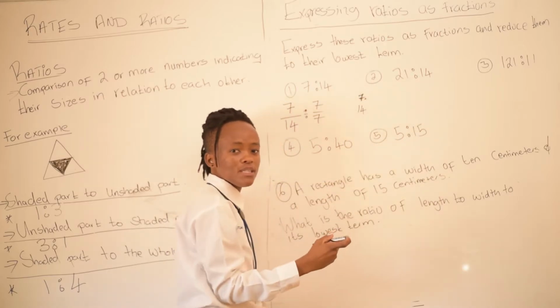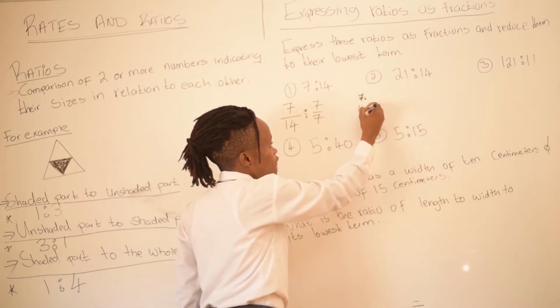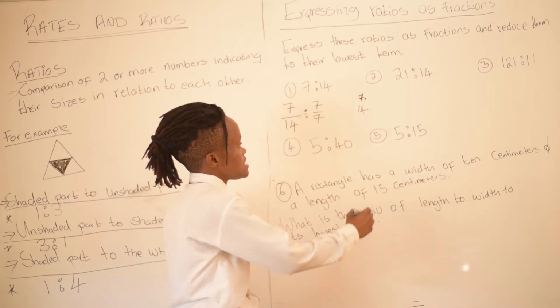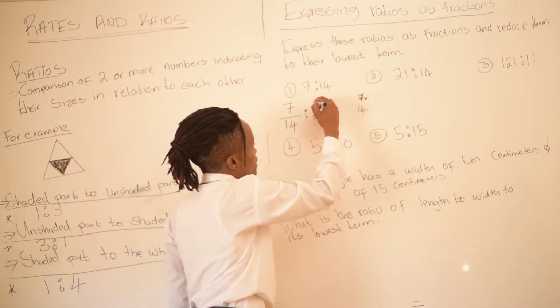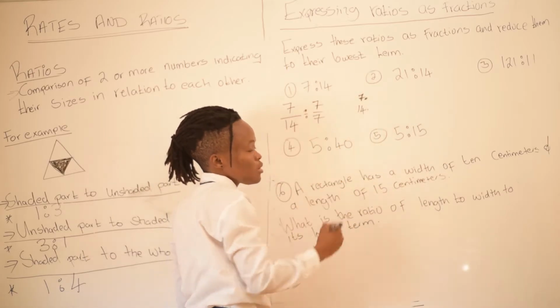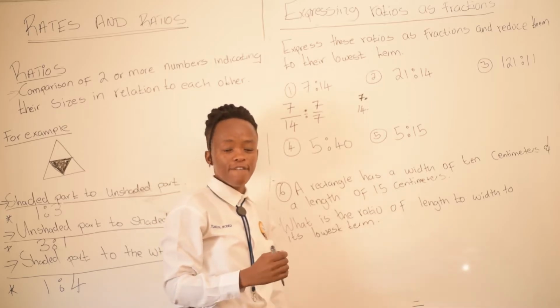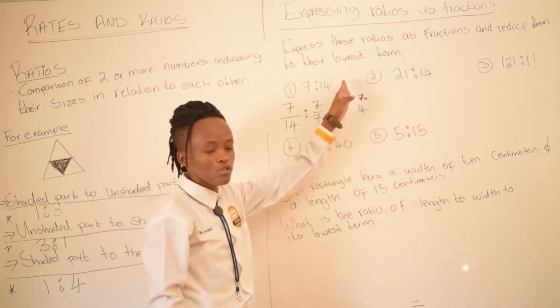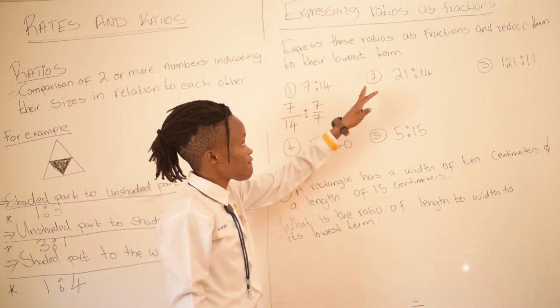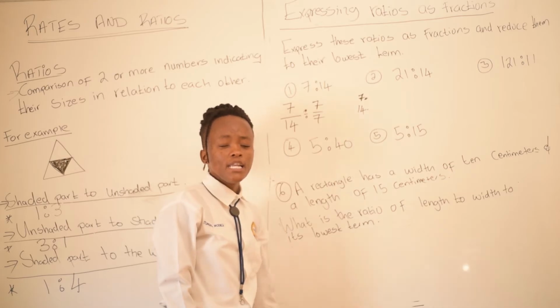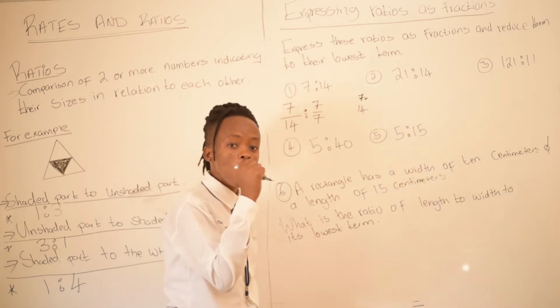Sorry, the factors, not the multiples. The factors of 7 and the factors of 14. Then you will know how we got this 7. We all did factors from our standard 5. A factor is a number that can get into 7 when you say factors of 7. When you say factors of 14, we mean numbers that can get into 14.